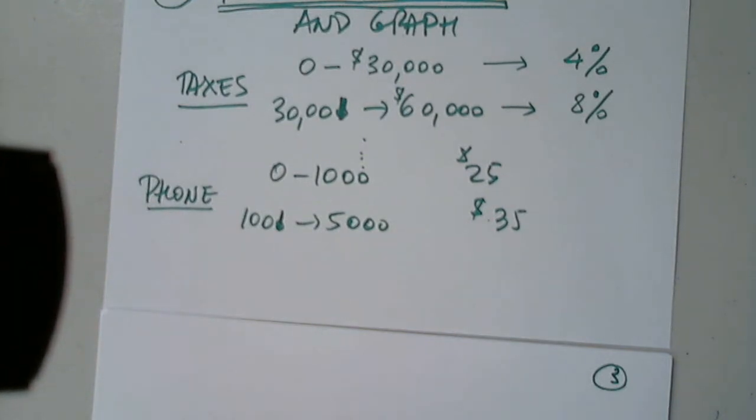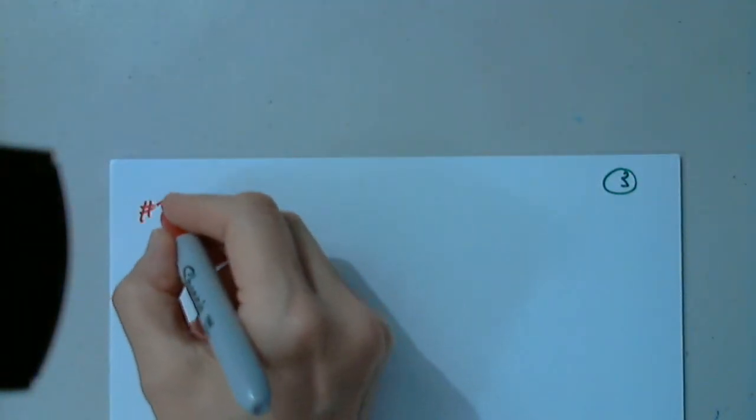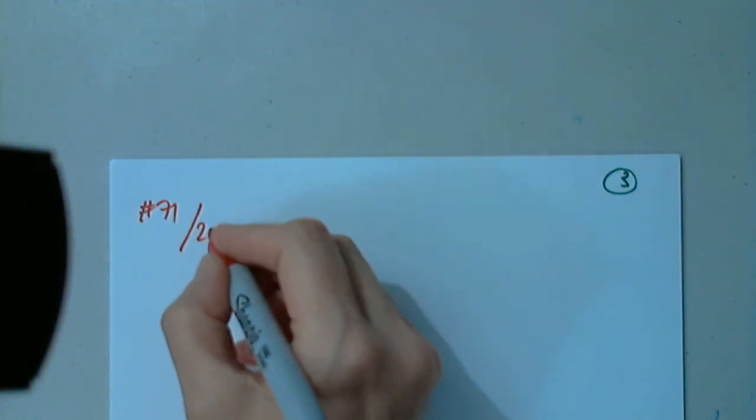Choose a piecewise defined function, and let's run with it. We need to graph it. We need to understand what it means. So feel free to choose. If you don't, which one? 71. Good, 71 on page 23.